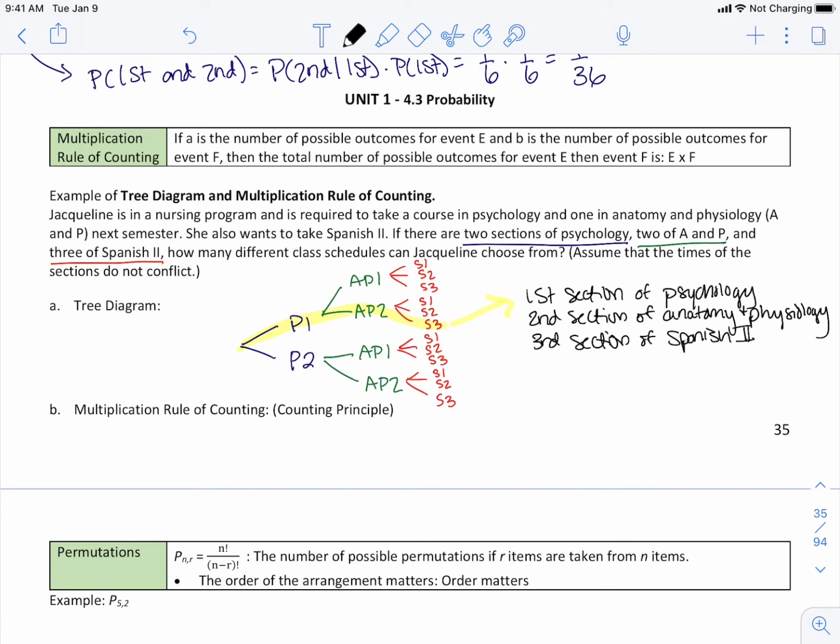Okay? All right, now if I want the multiplication rule of counting, the counting principle, it says that the total number of possible outcomes for the event is we can multiply the outcomes. I want you to do that to get the total number of outcomes, please.